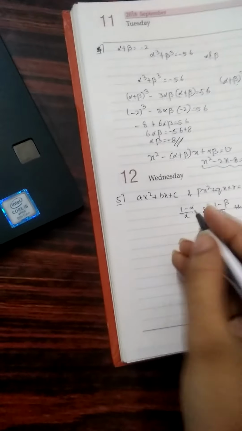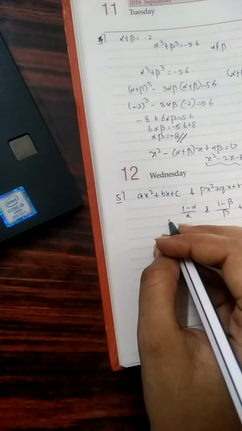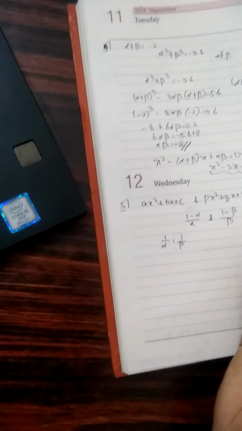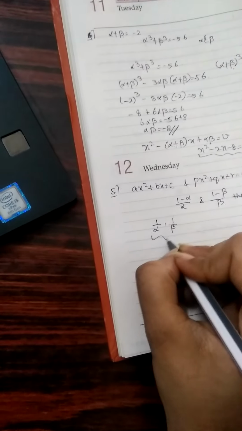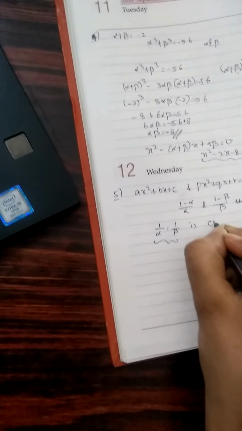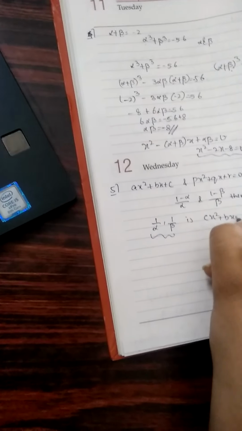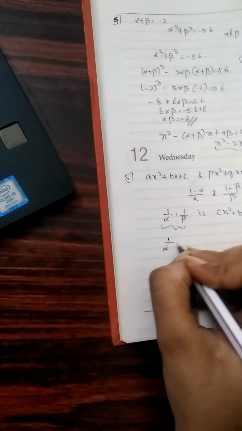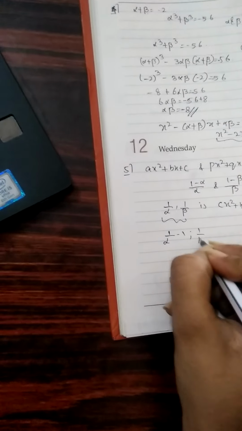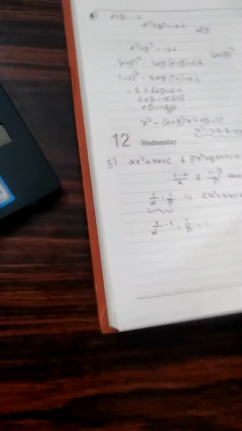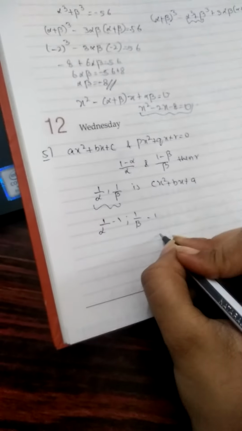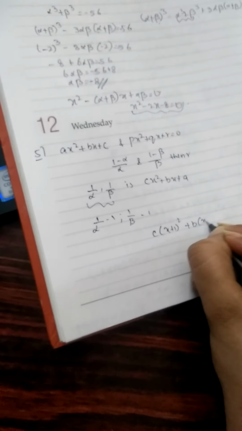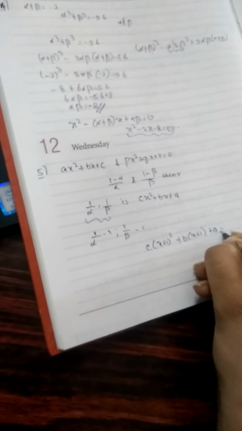So the equation is having the roots 1 by alpha, 1 by beta. So these two roots will be for the equation cx square plus bx plus a. So when the roots are 1 by alpha minus 1 and 1 by beta minus 1, then we will be getting c into (x plus 1) whole square plus b into (x plus 1) plus a is equal to 0.